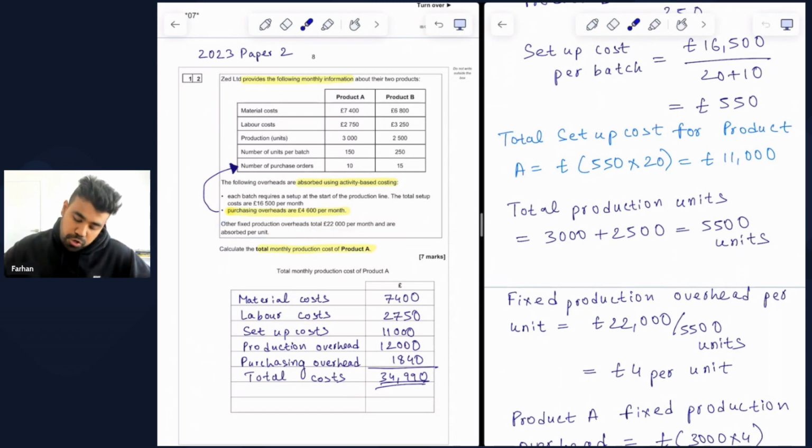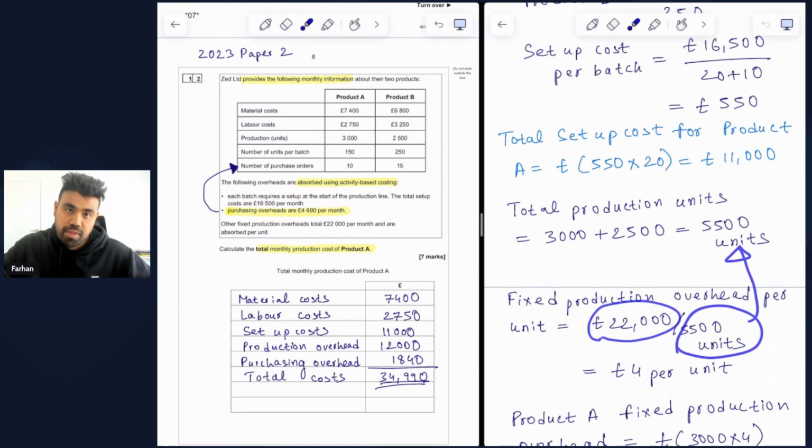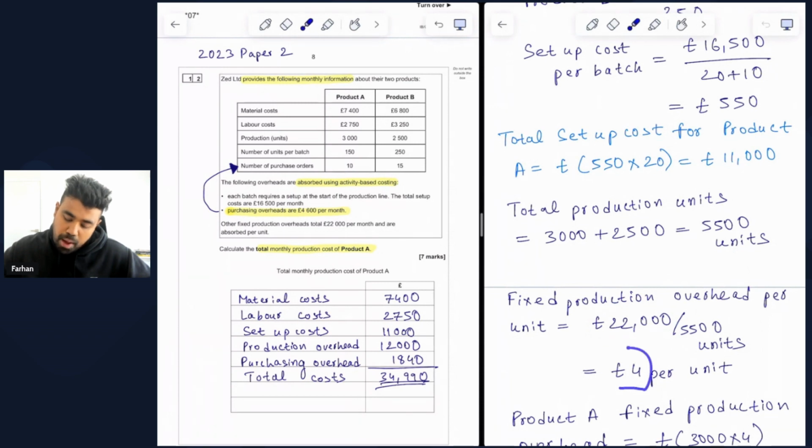So what I have to do in this case is find the fixed production overhead per unit. We know the total fixed production overhead is £22,000, and then we divide it by the total production units for product A and product B combined, which are 5,500 units. On that basis, we get a fixed overhead of £4 per unit.